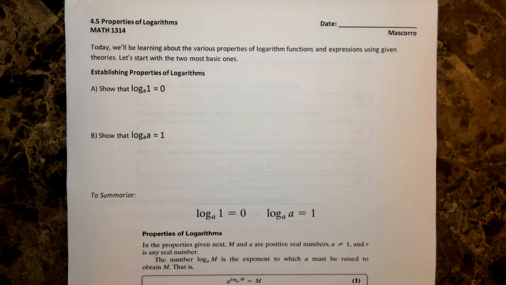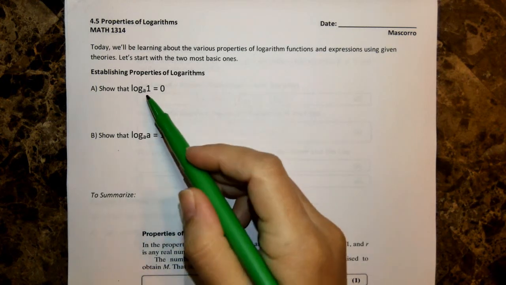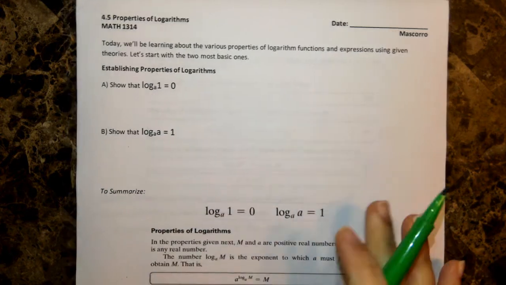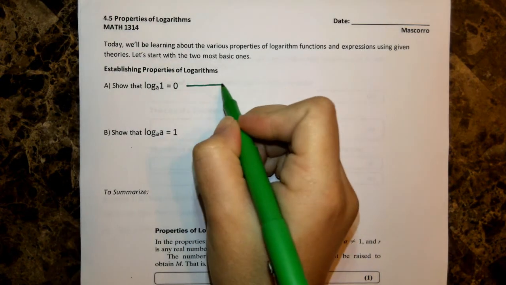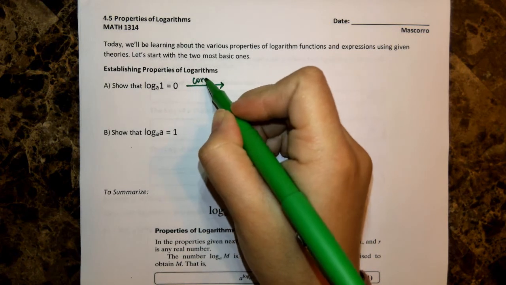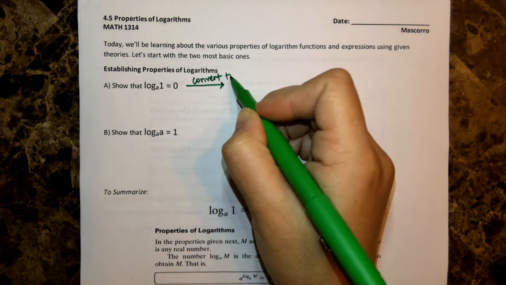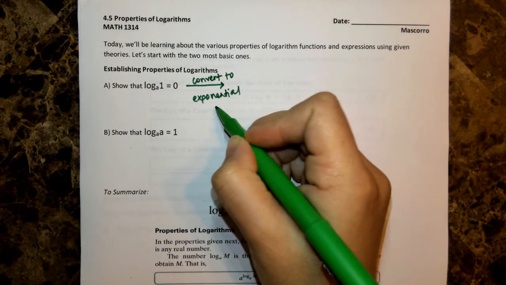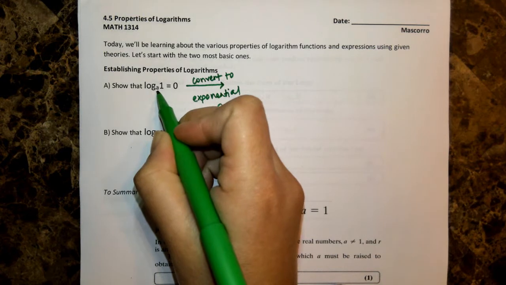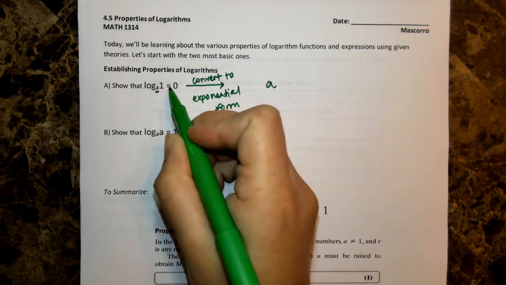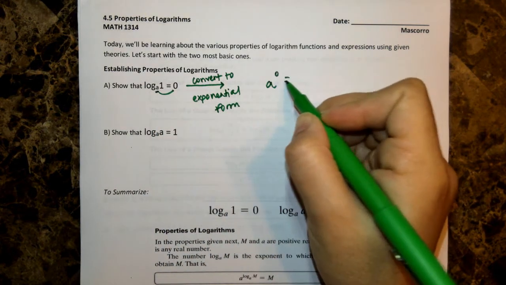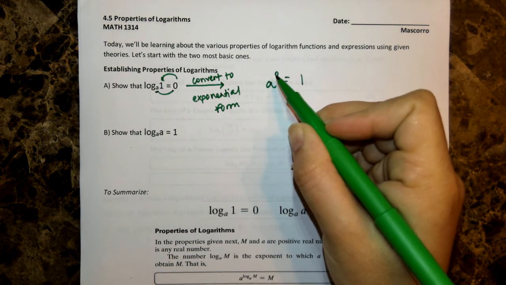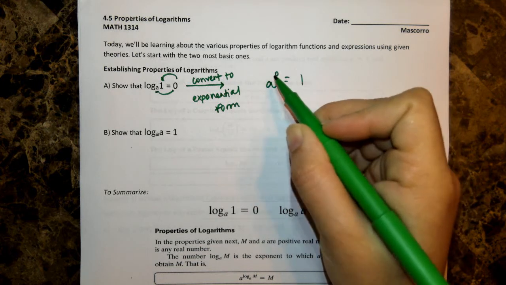Part A says show that log base A of 1 equals 0. Well, all this means, it might not mean anything right now, but if we convert this to exponential form, which is what we did last lesson, this just means that our base A raised to the 0 power is equal to 1, which we know is true because anything raised to the 0 power is 1. 100 to the 0 power is 1.